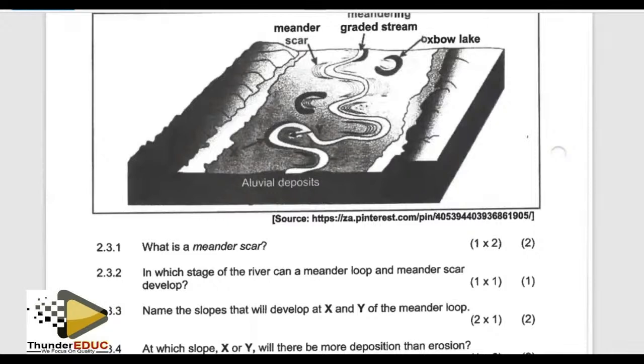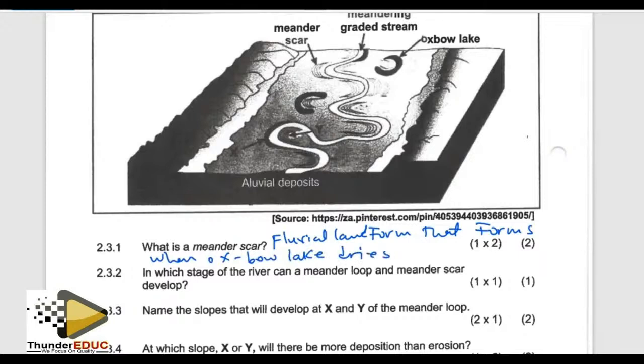A fluvial landform that forms when an oxbow lake dries up.